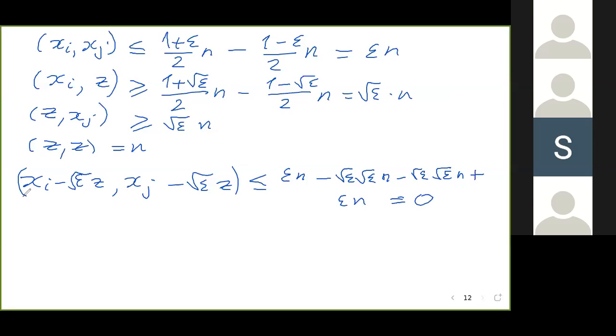So the inner product between any pair of different vectors from this set is non-positive. So that means that they form obtuse angles.